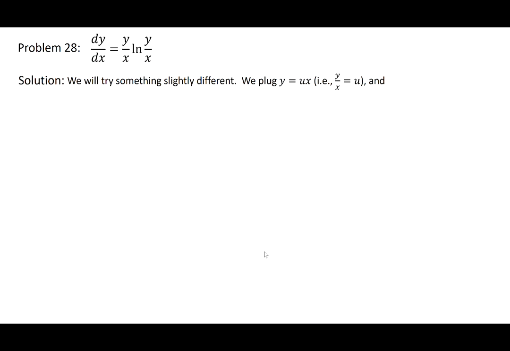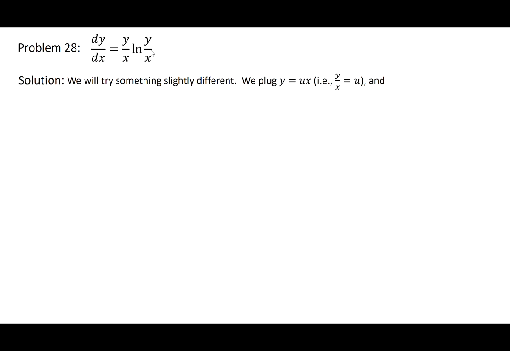Instead of writing this as m of x y and all that stuff, and instead of plugging in y equals ux, because I see a y over x, isn't this the same thing? y over x is u. So for y over x, can I not just simply say u? And so wouldn't the right hand side be u natural log of u?